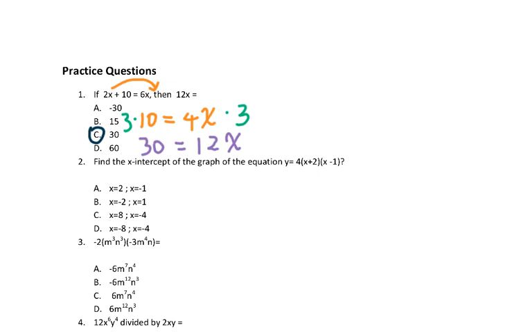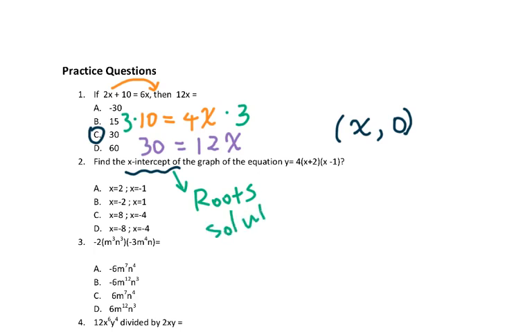For number 2, find the x-intercept of the graph of the equation y equals 4x plus 2 times x minus 1. For the x-intercept, that means y equals 0. The x-intercept also has other names, like roots, or solutions, or zeros.